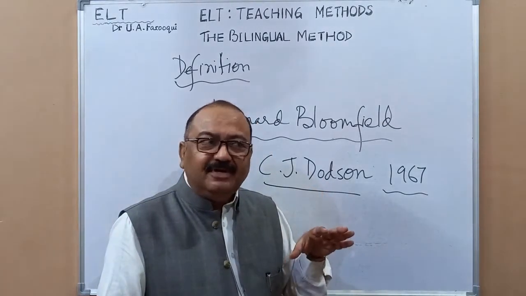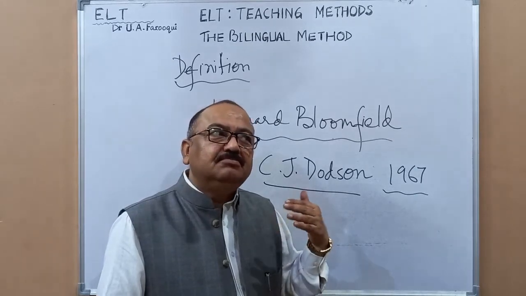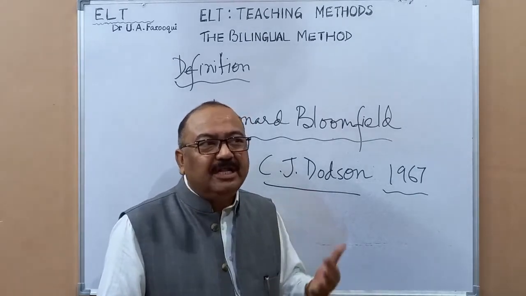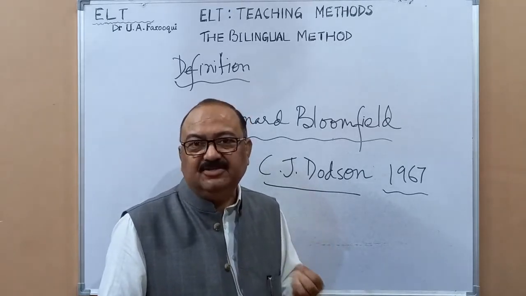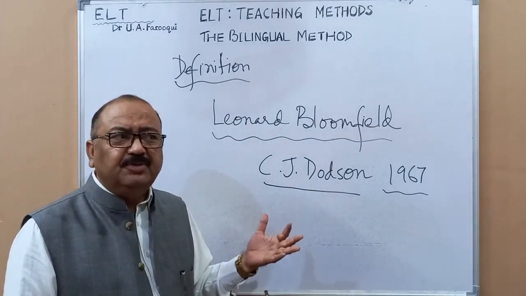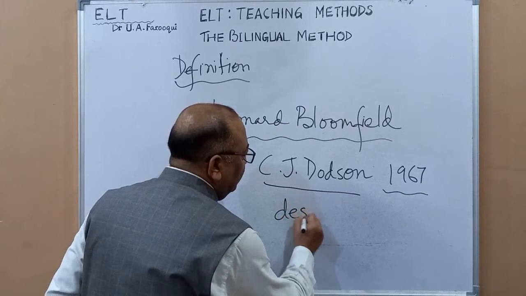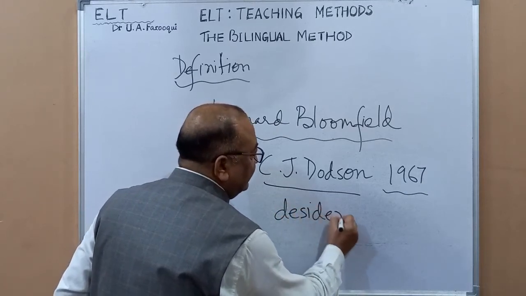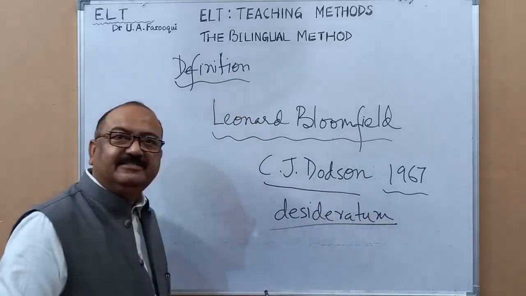Knowledge of grammar, I said, is desideratum to understand a language, to know a language correctly, or to acquire the unerring sense of language. Now you know all the words here. There's only one word which is new to you: desideratum.